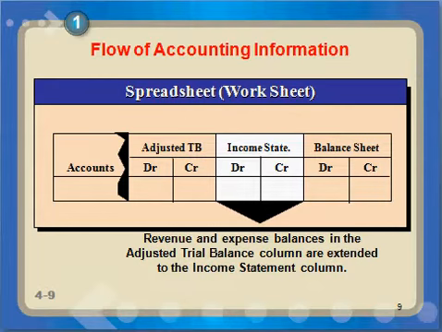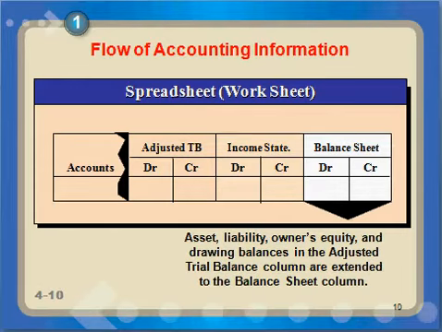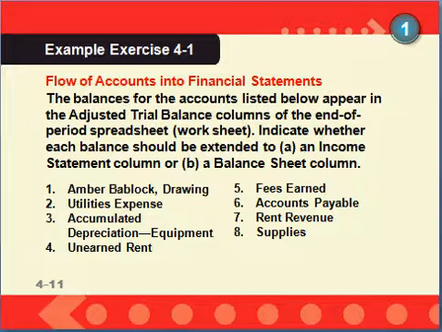Then we have 4 additional columns, 2 for the income statement and 2 for the balance sheet. So we take all of our revenue and expense balances and transfer those into the income statement columns. And we take all of our assets, our liabilities, and our owner's equity and drawing balances and transfer those into the balance sheet columns.